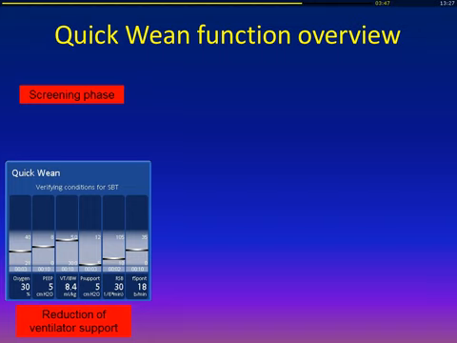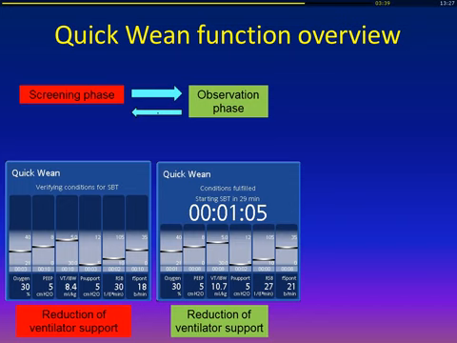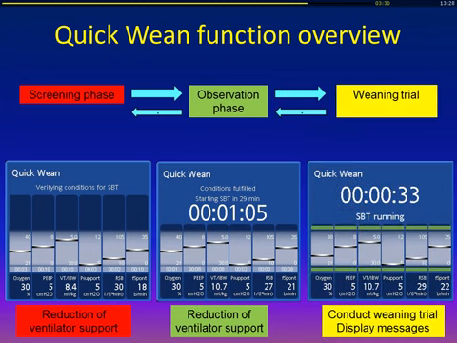The first step is screening of the readiness to wean criteria and trying to reduce ventilation support. The second step is an observation phase. We want this readiness to wean criteria to be fulfilled for a certain period of time, and then it will perform an automatic weaning trial.